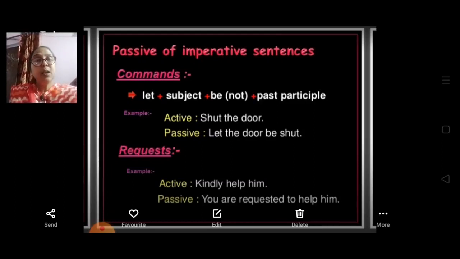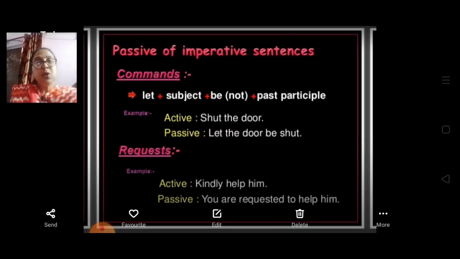If it is written shut the door, it is a command. So now in passive voice, let the door be shut. Let will be there and then the subject, because door is the subject over here. So door will be there, be must be there, and then shut.